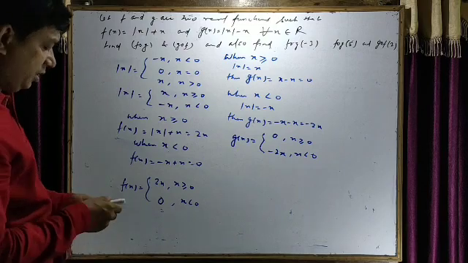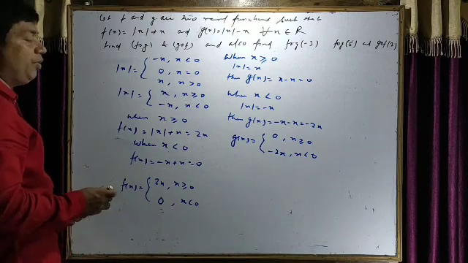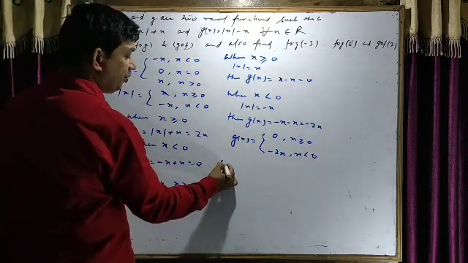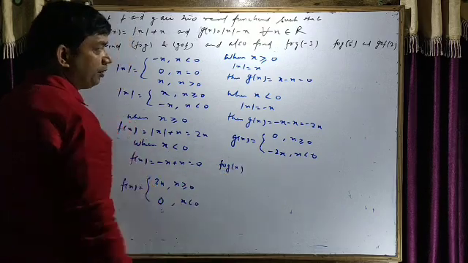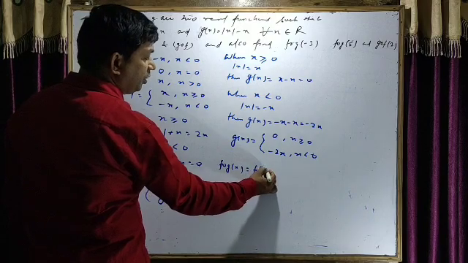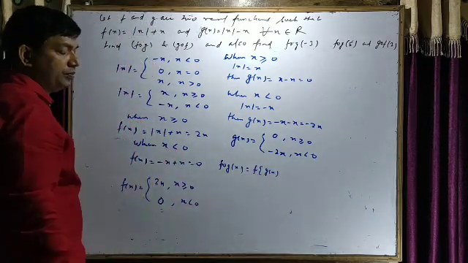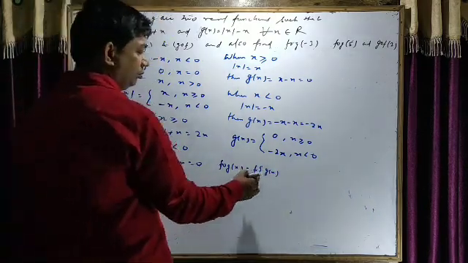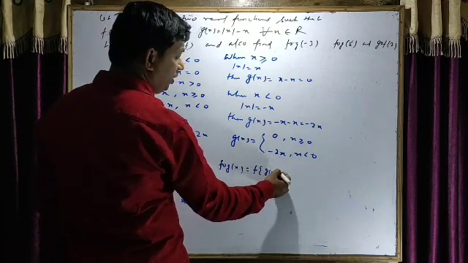Now what we have to find is the value of fog. So you find fog of x, that is f of g of x. Here there are two cases.